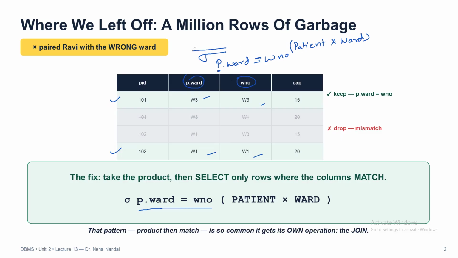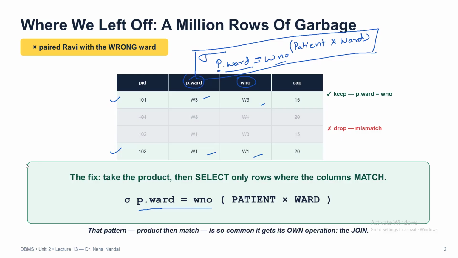This is the representation. We utilize select in relational algebra: select some rows from the result of the patient Cartesian product with ward, and out of that result choose only those rows having ward numbers equal to each other. I hope you got it. We already saw that in the last lecture also, but this is the way to write it.